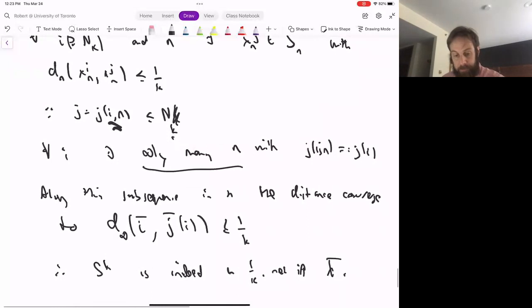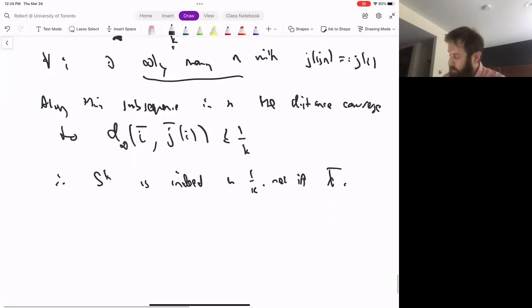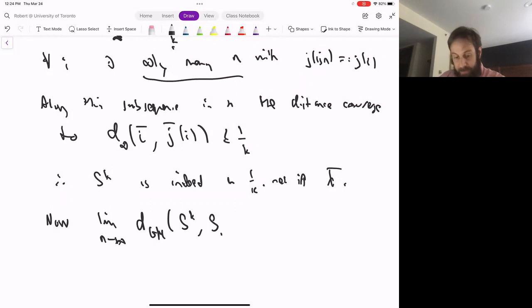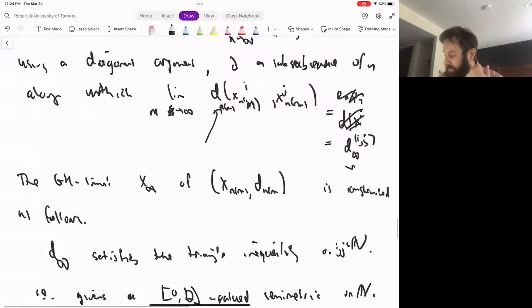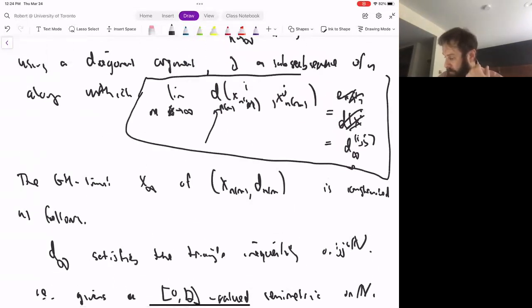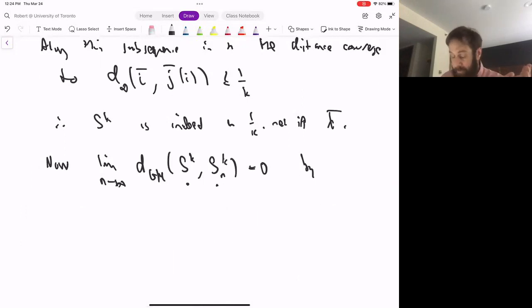So now I claim the Gromov-Hausdorff distance between S_k and S_k^n goes to 0 by the convergence of these distances, which is how we selected the subsequence. So on these 1 over k nets the Gromov-Hausdorff distance converges to 0.